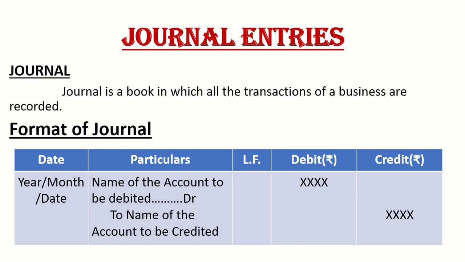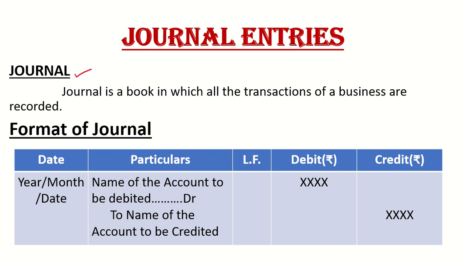We'll see what is the journal first. So journal is a book in which all the transactions of a business are recorded. Now it can be any type of business such as an electric company, a software company, a pharmaceutical company, banks. Okay, so they need to record their daily transactions in a book which is known as what? Journal.